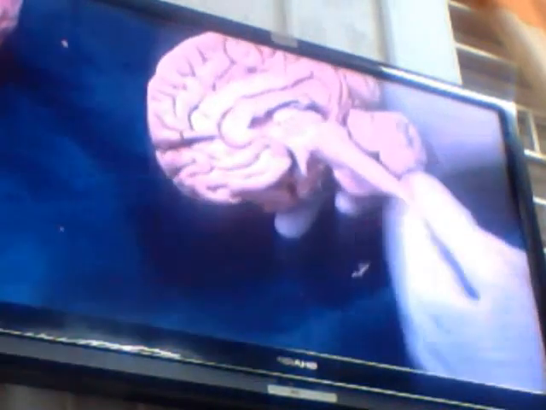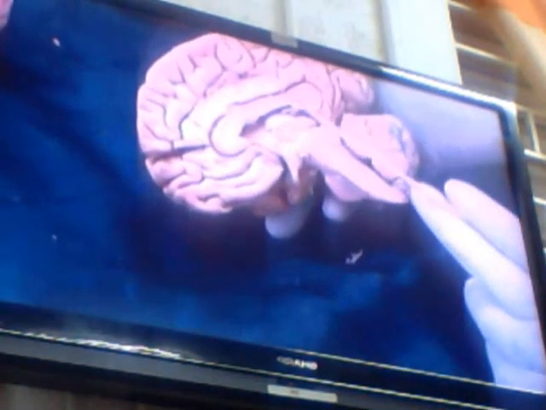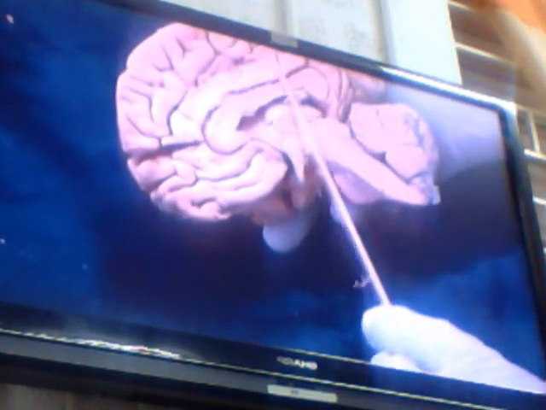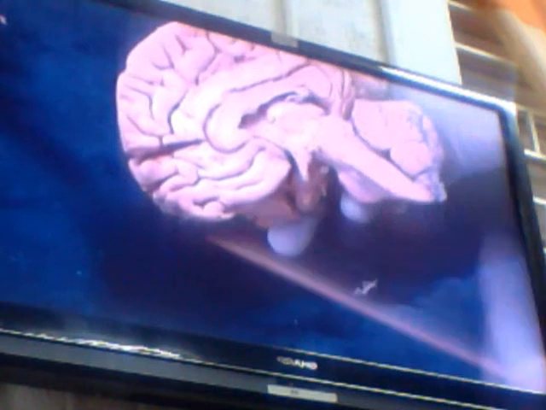Alright. Now a little bit on the last lobe, which is the limbic lobe. Limbic lobe, yeah. Now, this limbic lobe, some people think the name will change as time goes by.